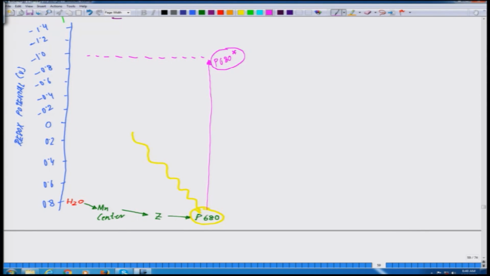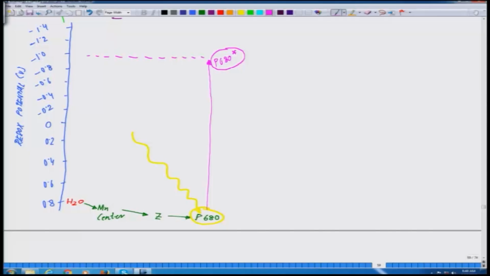So, now what is the situation? The situation is that at P680 you need an electron in order to bring that chlorophyll molecule back to its ground state, because the chlorophyll molecule is now devoid of one electron. That electron is supplied from the water molecule out here. It is this water molecule which is getting trapped in the manganese cluster.